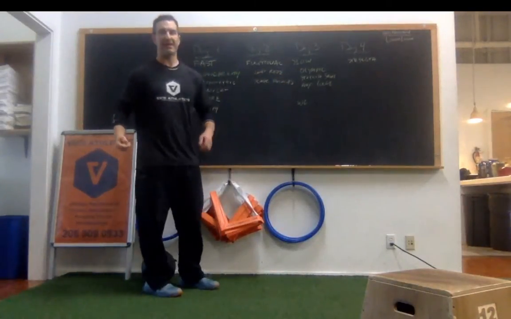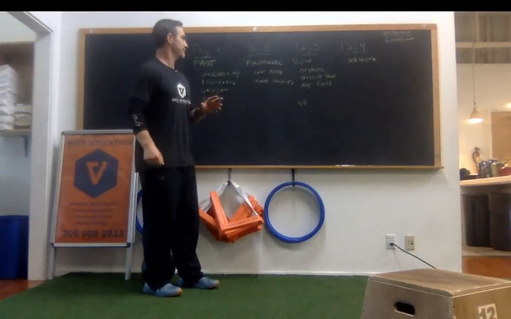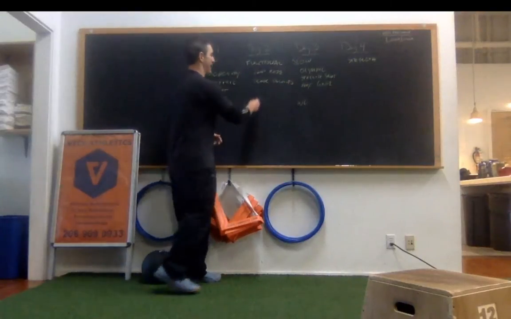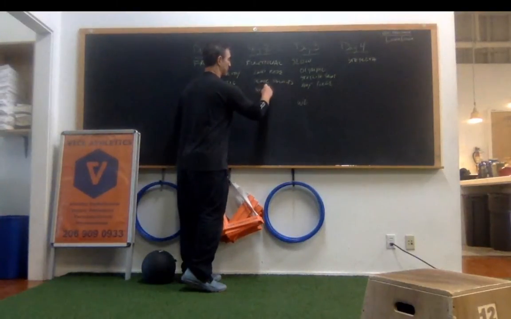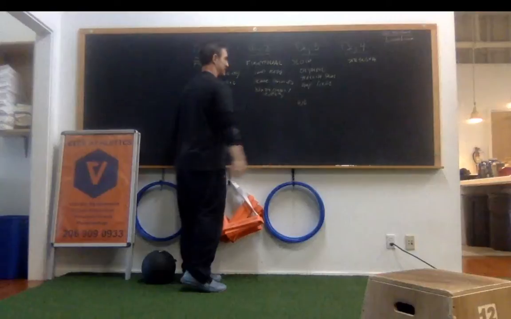So anything that I can do in plank and push-up and move through those exercises, that equates for me to more functional. I'm adding bands, med balls, and ropes to this day.